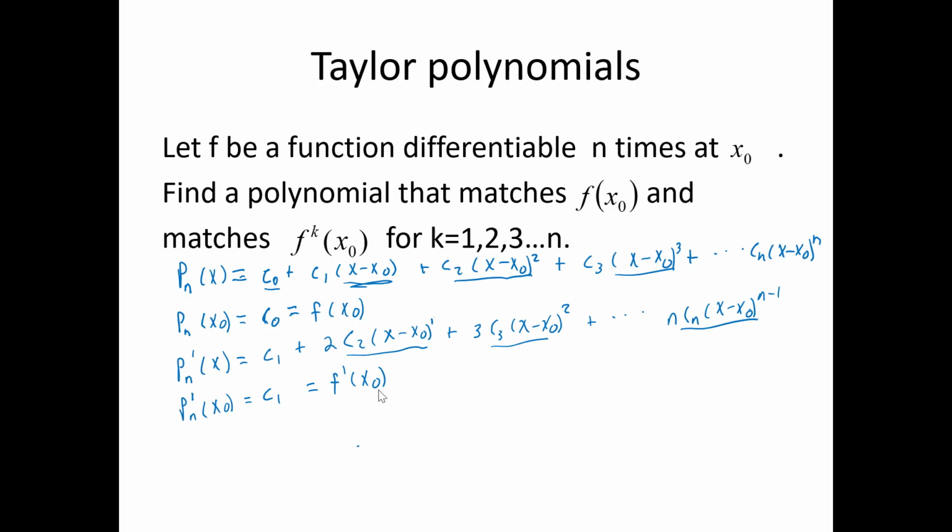And you can see that this is going to work the exact same way. And so then your Cns are going to be the exact same. Your Cn is going to be your nth derivative evaluated not at 0 but at x naught, and we're going to divide it by n factorial. It's going to work the exact same way. Only difference is you're now plugging in x naught.